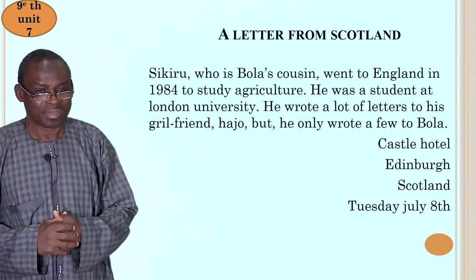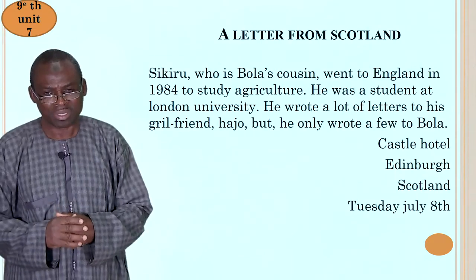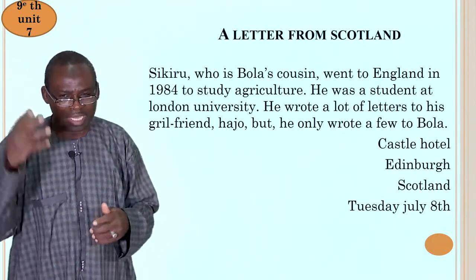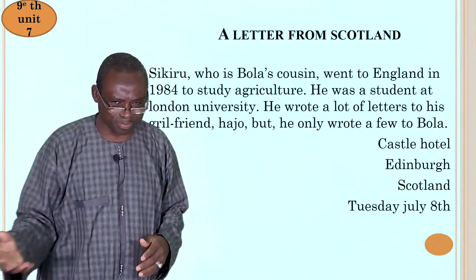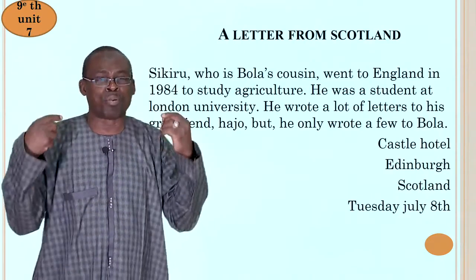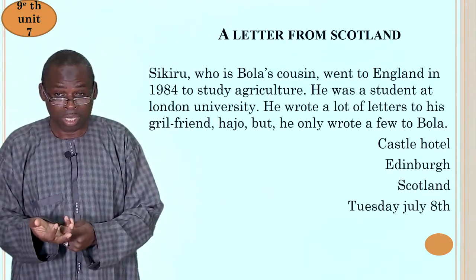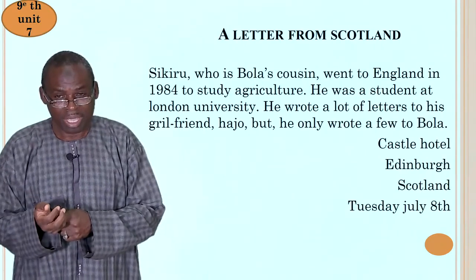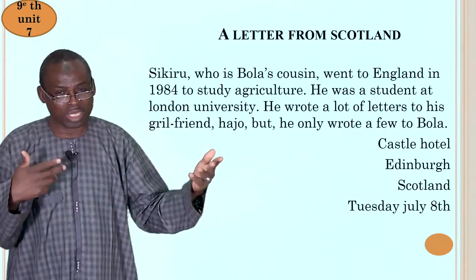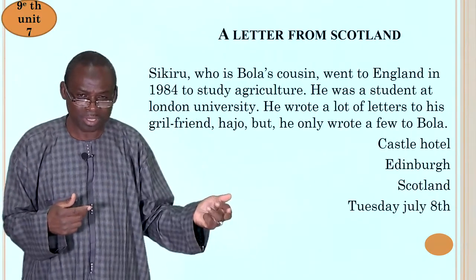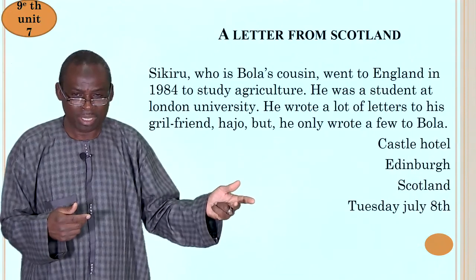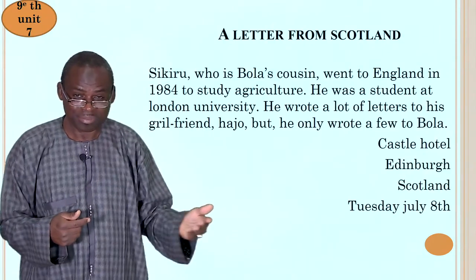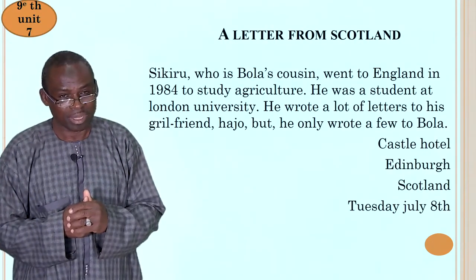So, you know what London is? London is the capital city of England. And England is part of the United Kingdom. And the United Kingdom is composed of England, the capital of which is London, and you have other countries like Scotland, like Wales, and Ireland. Okay? I repeat again.